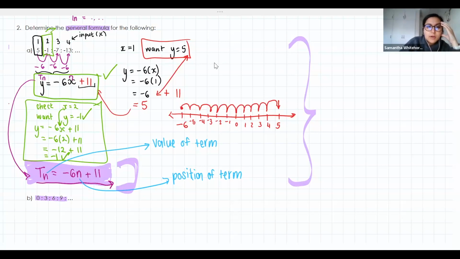And remember, grade 8s, if you're struggling, write your rule as y and x, and then you just replace the y and x with t and n. But rule.